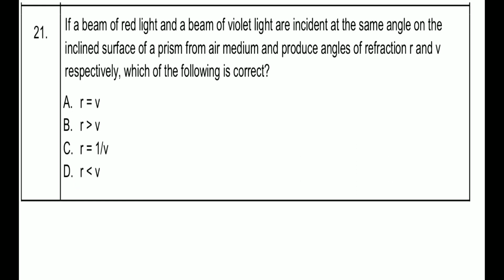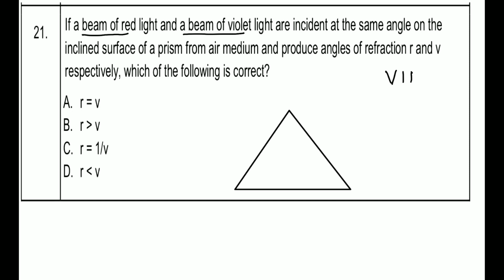Okay, so basically we have a prism. So let me just very quickly make a prism. So this is a prism. A beam of red light and a beam of violet light are incident at the same angle, right? So we remember that your white light is made up of VIBGYOR, right?